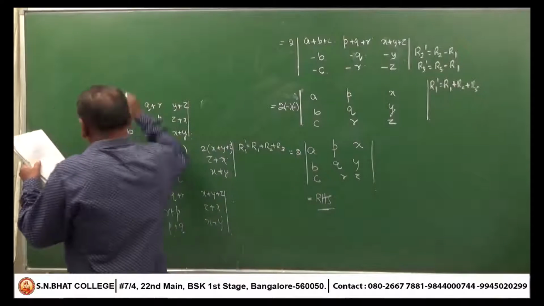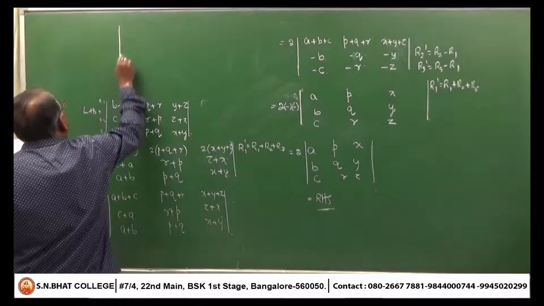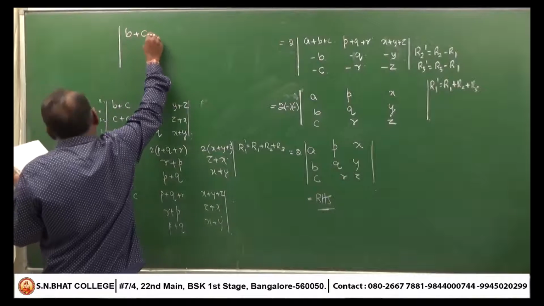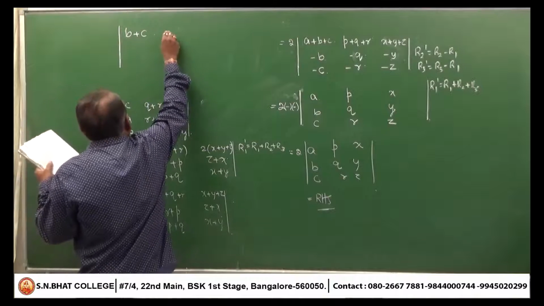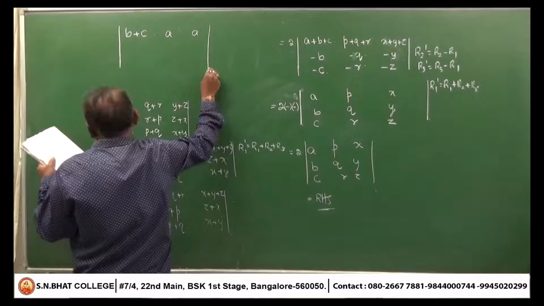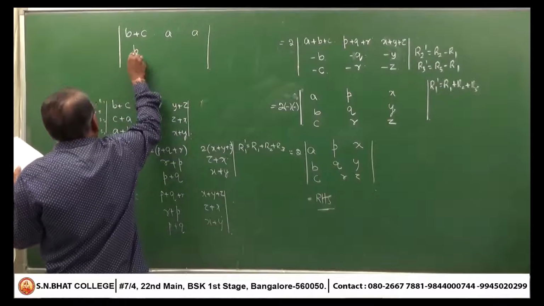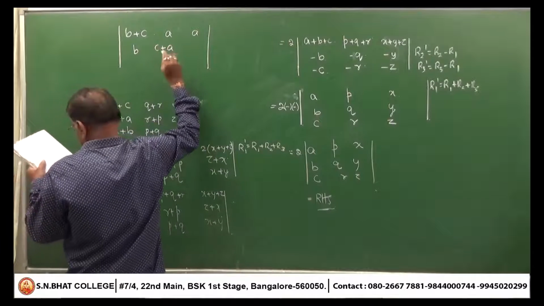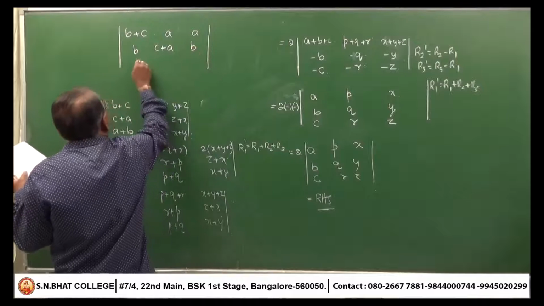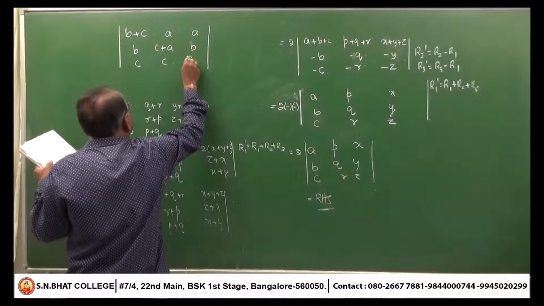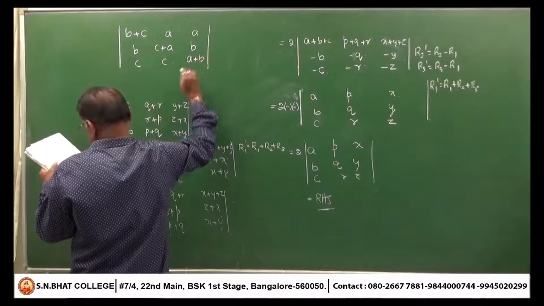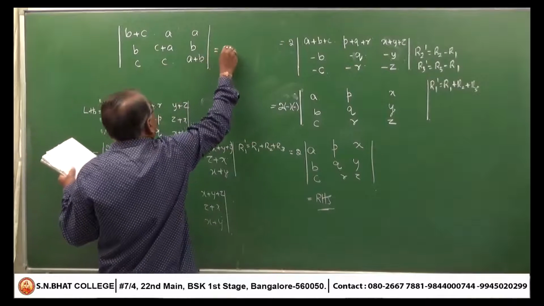Next problem. Prove the determinant of B plus C, A, B; C, C plus A, B; C, A, A plus B is equal to 4ABC.